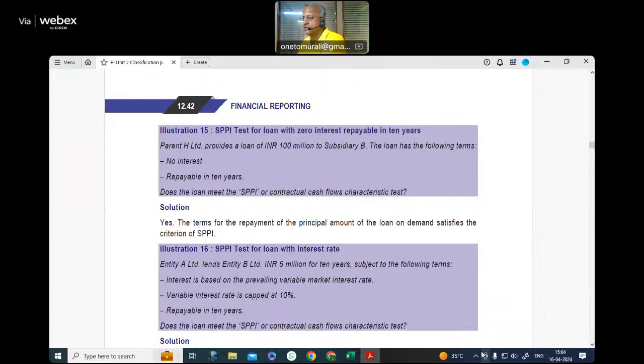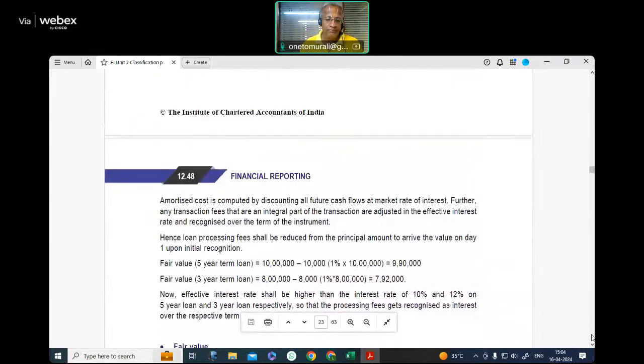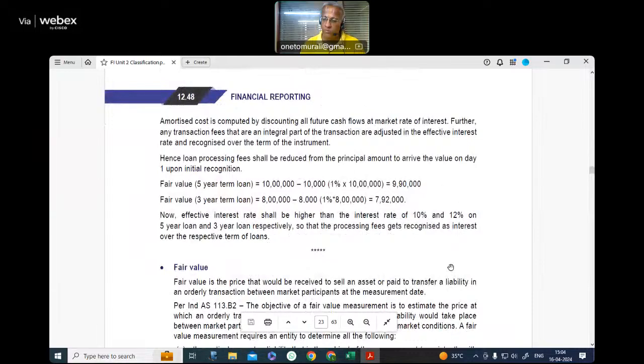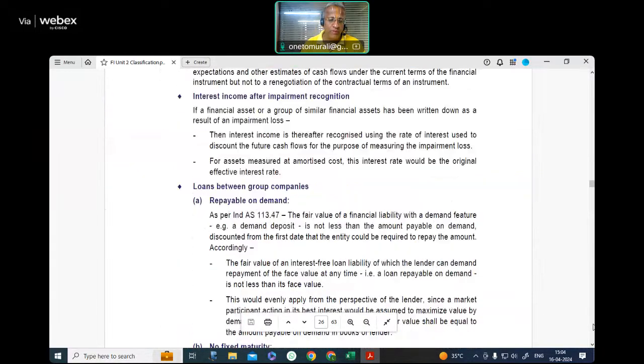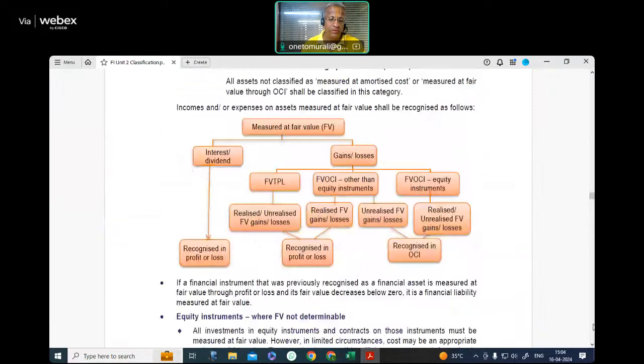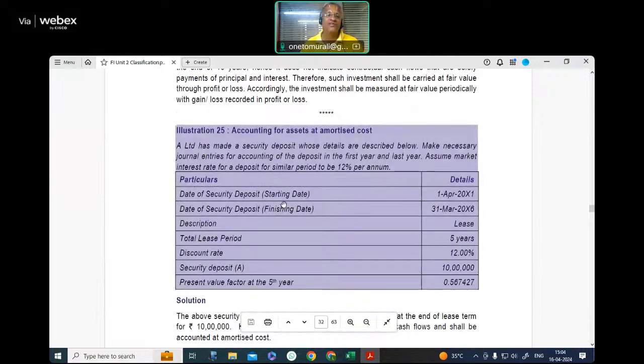There are two problems, illustration number 24 and 25, both are there. When we are talking more about amortized cost, it is better that we report through a problem. Okay. So we will take up illustration number 25.